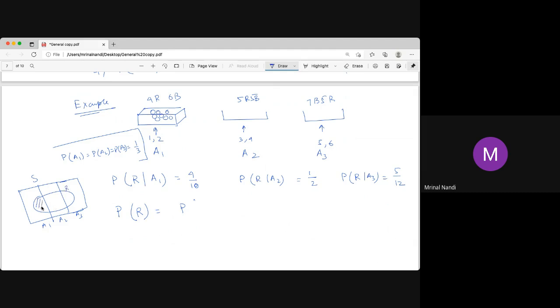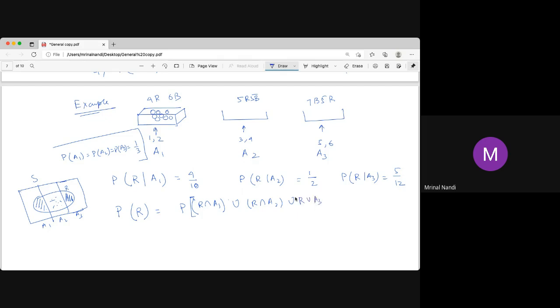Now this part is A1 intersection R. So R is the union of R intersection A1, the first part, union this part R intersection A2, union this last part R intersection A3.